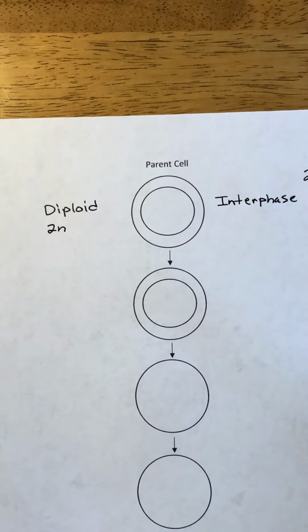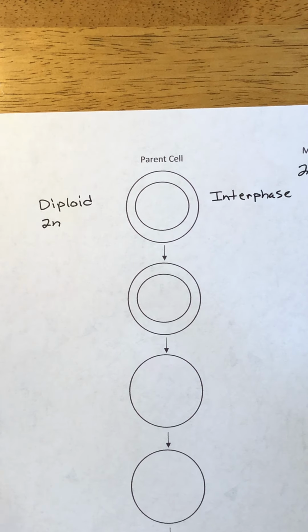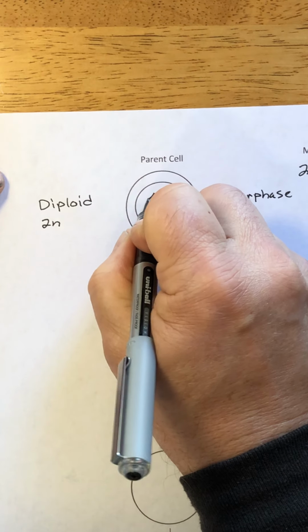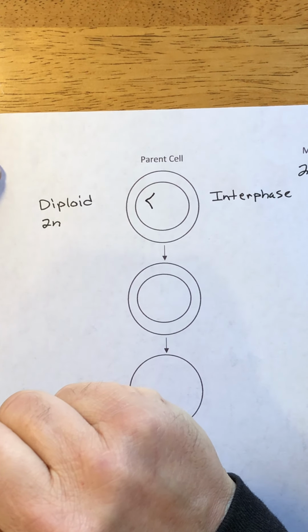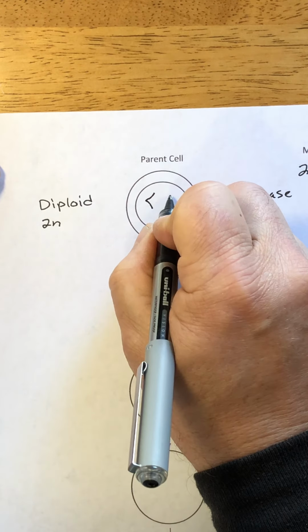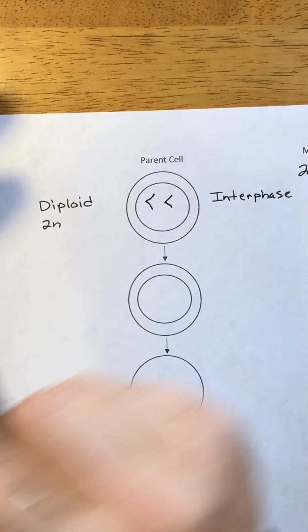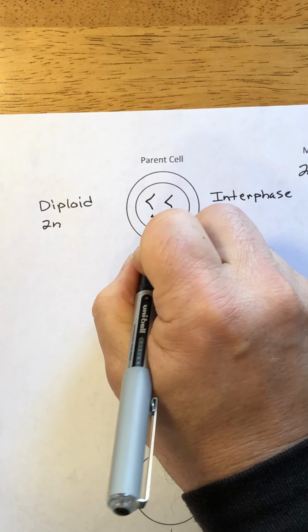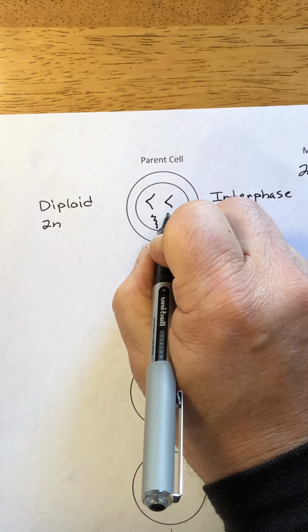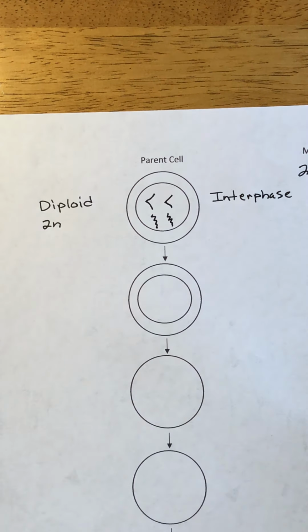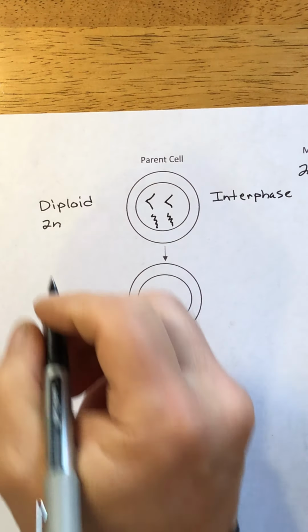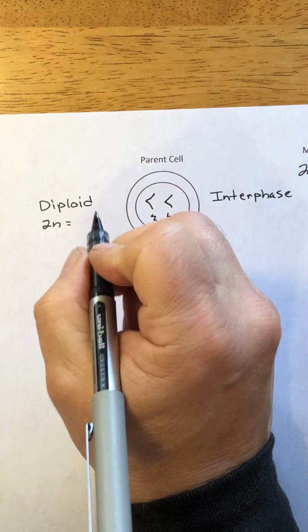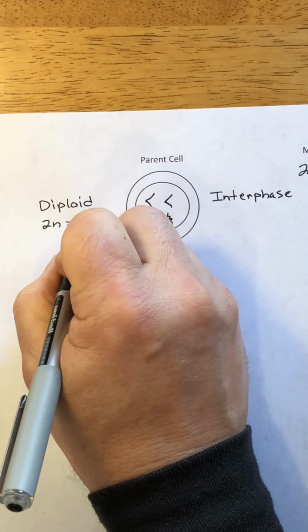Here we're only going to have a total chromosome count of 4, and so this would be a chromosome that would have come from the father, and then a chromosome that would have come from the mother, and then another chromosome here, and then its pair. And so this is a diploid parent cell, 2N, and that 2N number equals 4.